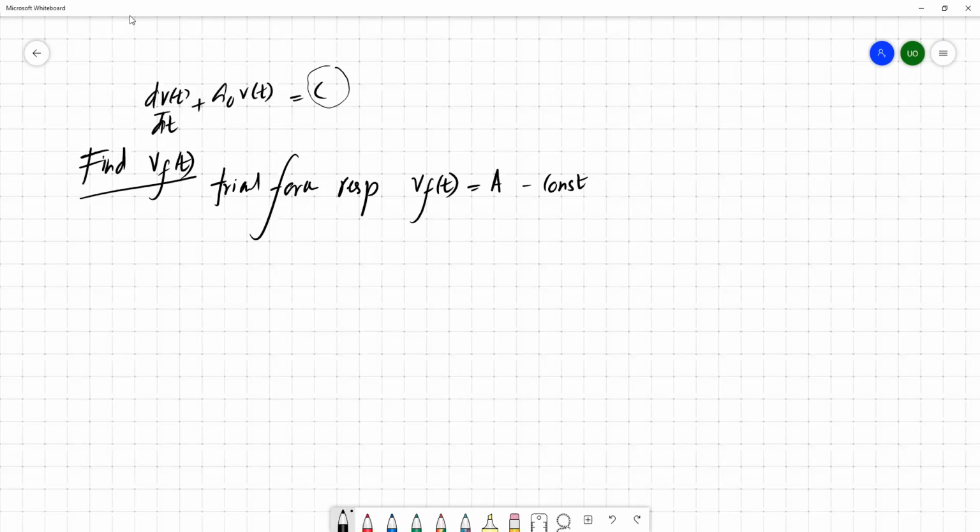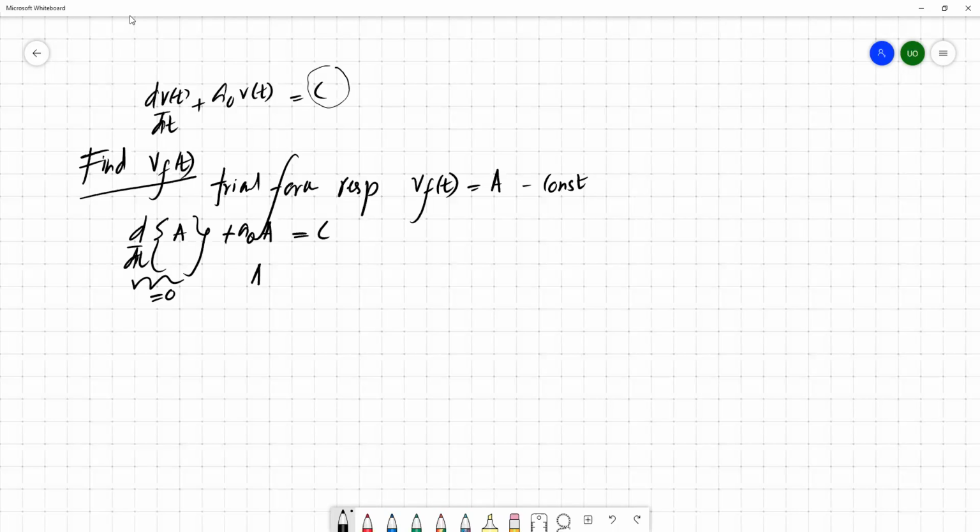If this trial response is a solution of this differential equation, it should satisfy the original differential equation. Once you substitute this forced response into the original differential equation, it should satisfy. So d over dt of a constant A plus a naught times A, equals the constant C. The derivative of the constant is 0.